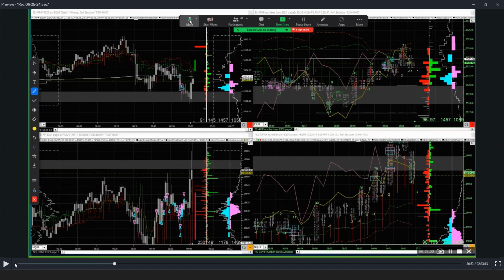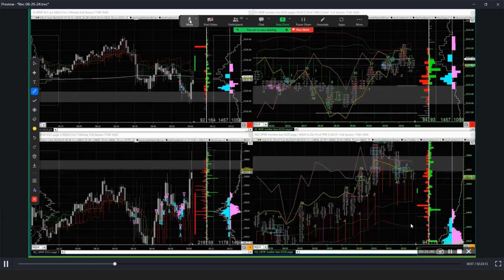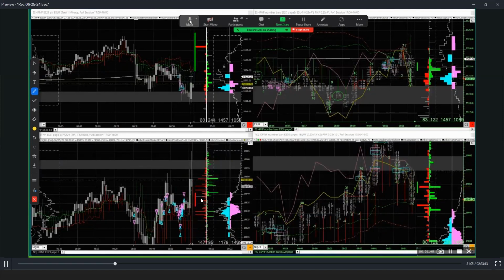That's the fire in the ready, aim, fire. So let's play it. Just keep your eyes focused in here. You've got the PWAPs, green and red, in this area of the NASDAQ. Wouldn't it be nice to have a better qualifier to know when to participate and open a long and qualify a support area?